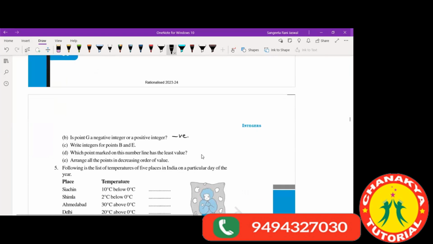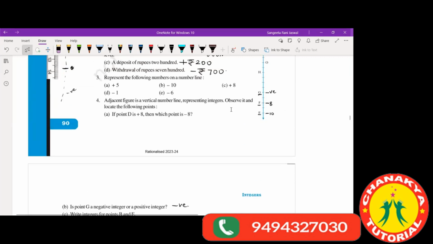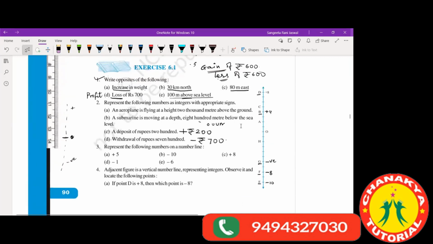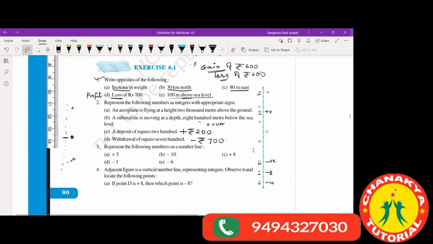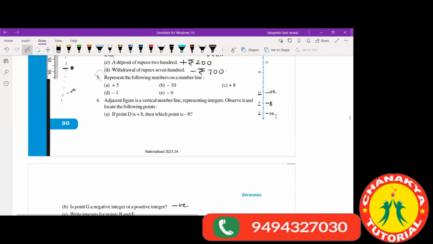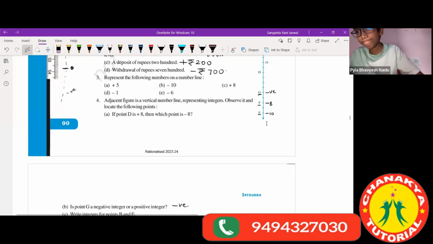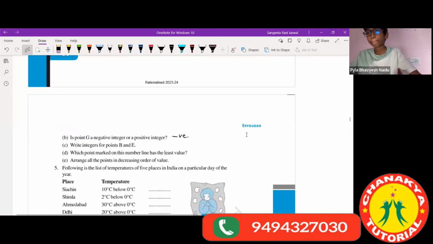Okay. So which point marked on this number line has the least value? Least means the smallest value. Which is the smallest number? Yes, Bhavish? The bottom. The last. So that's E, -10. Right? Okay.